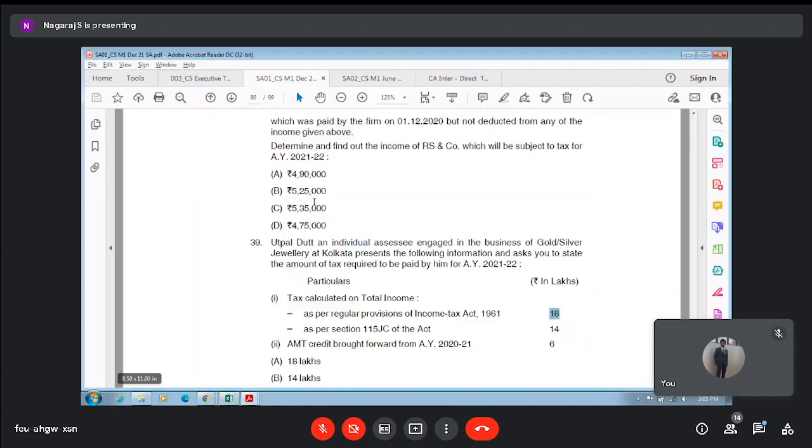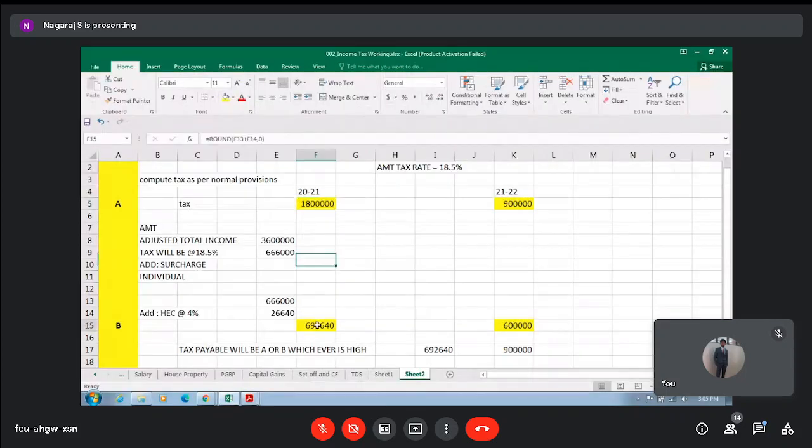As per 115JC AMT, how much? 14 lakhs. How much you need to pay tax out of these two? 18. Why 18?